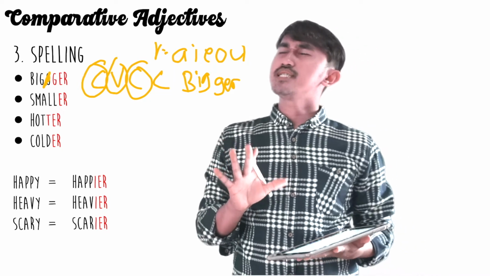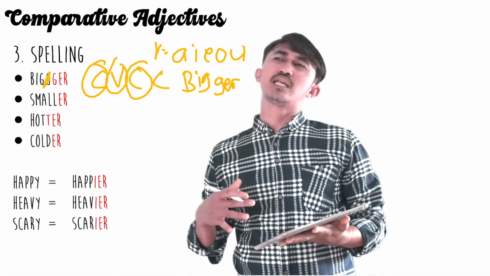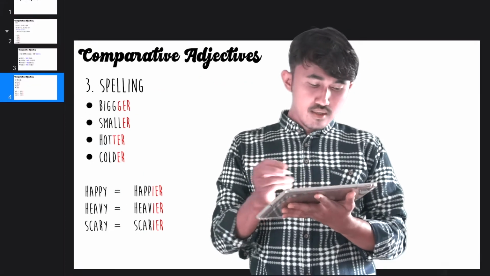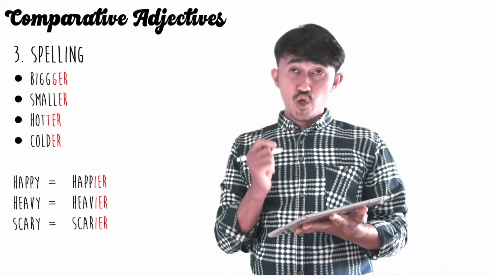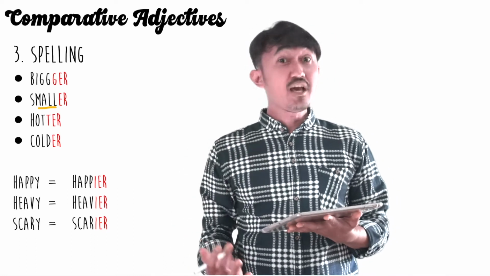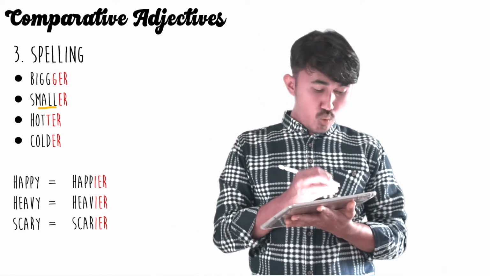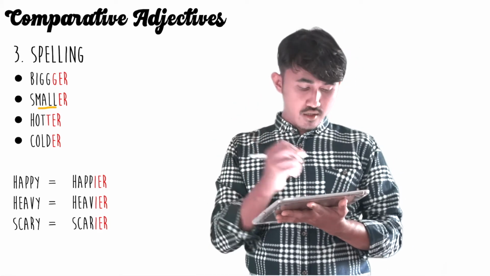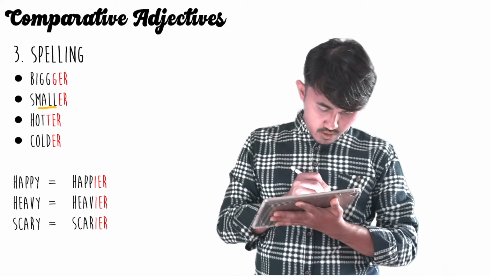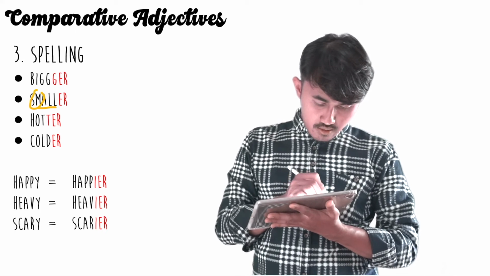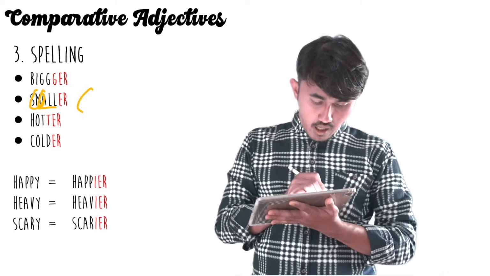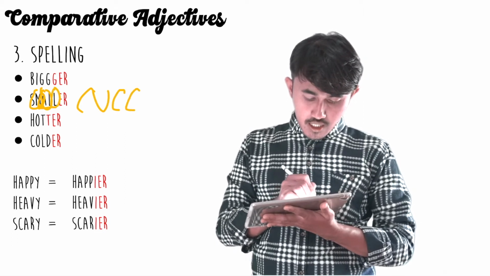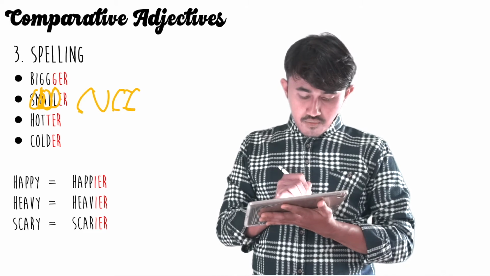Sometimes you will see some words that have a double letter. For example, we have small. You don't need to put another L, just put er at the end, because it already has consonant, vowel, consonant, consonant. M is a consonant, A is a vowel, L is a consonant, and the other L is a consonant.